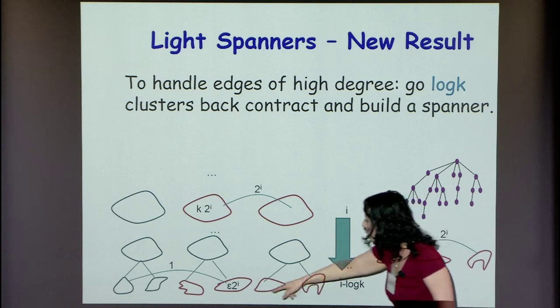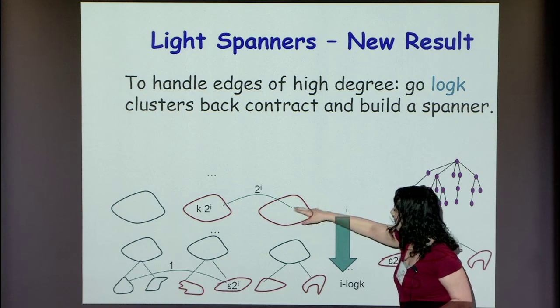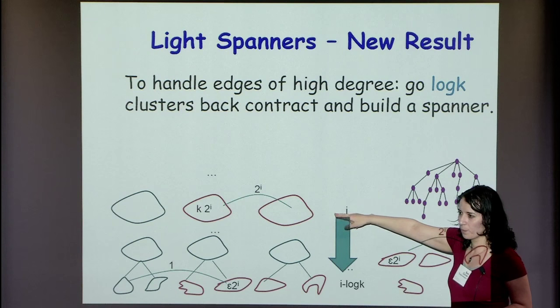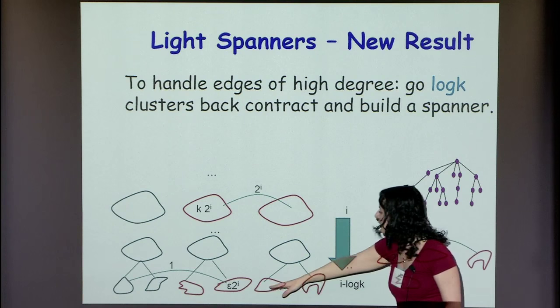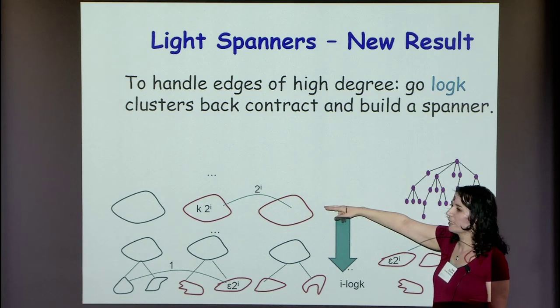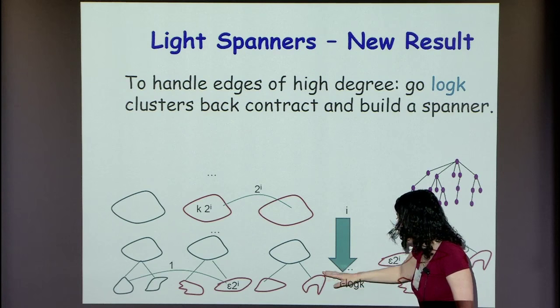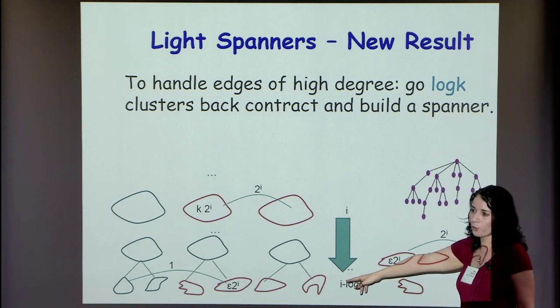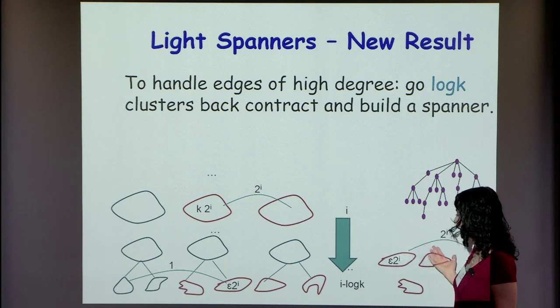So for each cluster here, we can look at the first time it is contained in a heavy cluster. Say for these nodes, this is the first level where they are contained in a heavy cluster. So we know for all levels below, they did not appear in any heavy cluster or in any spanner.